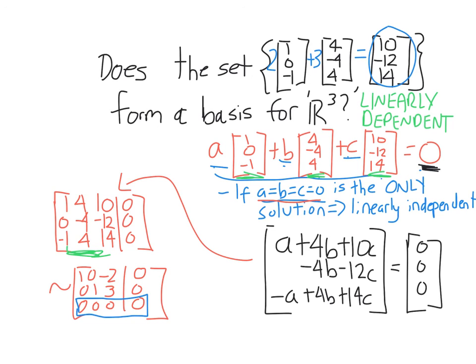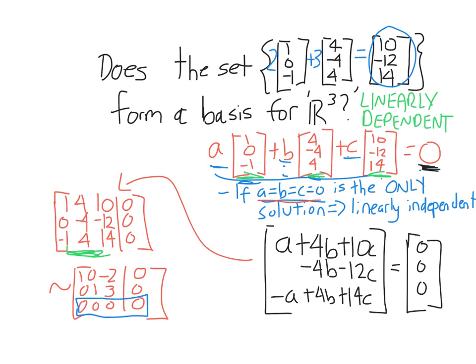So it can be written as a linear combination of the other 2 vectors, but again, that isn't obvious just from looking at it. What we instead do is see whether there is another solution to this equation, a times first vector plus b times second vector and so on.